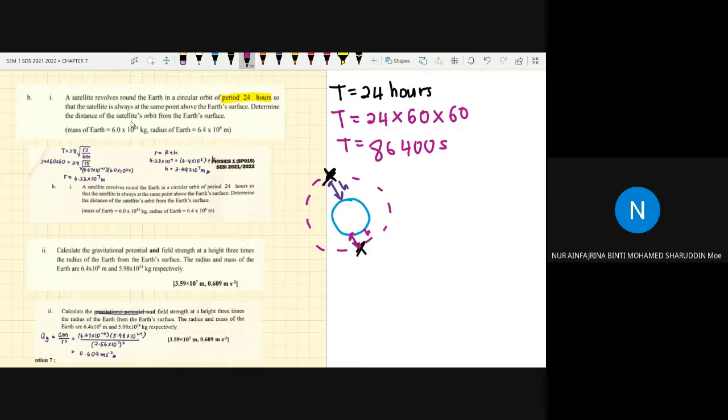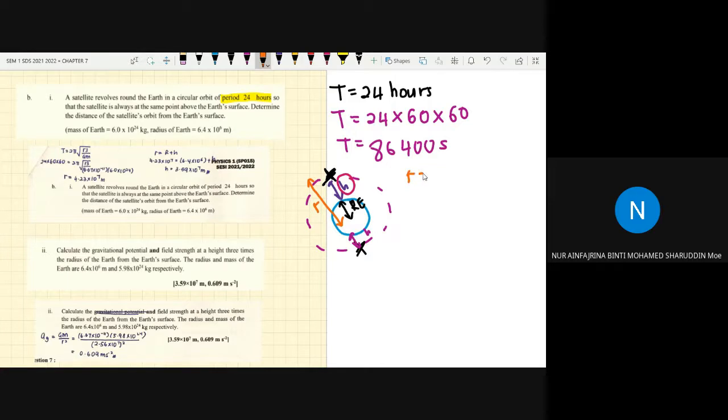Determine the distance of the satellite orbit from the Earth's surface. So actually senang aja, kita nak cari height. And we know kita tahu Earth dia ada radius of Earth. Dan kita tahu R adalah daripada satellite itu sampailah center of Earth.